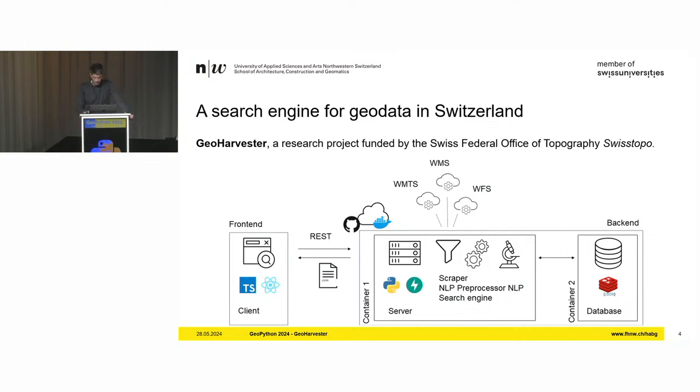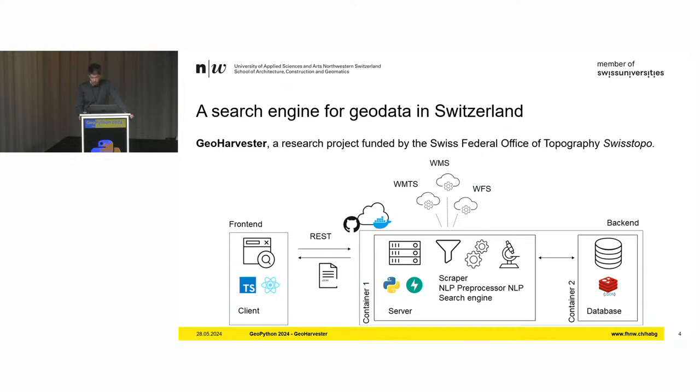And the backend is built into 2 Docker containers for a faster deployment. One contains the Redis database, and the other one, I will come to it in the next slides.